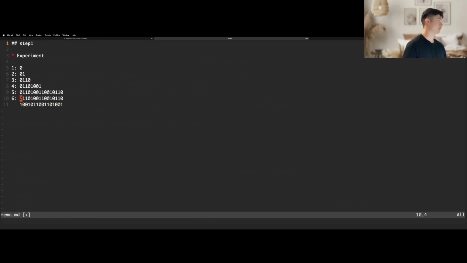So if the first half is 0, then it's flipped over to 1, and that goes the same from here up until the end.